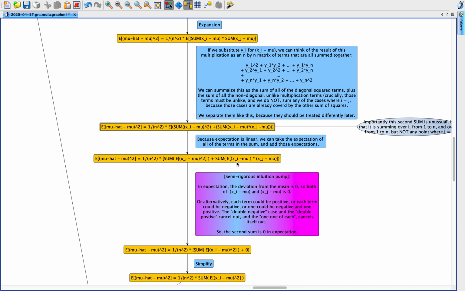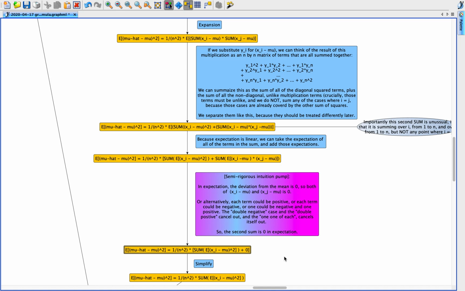All right, so now we're just dealing with this second part, which is equal to 0. So why is it equal to 0? In expectation, the deviation from the mean is 0.